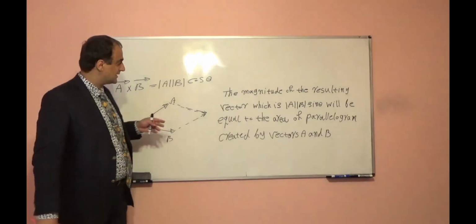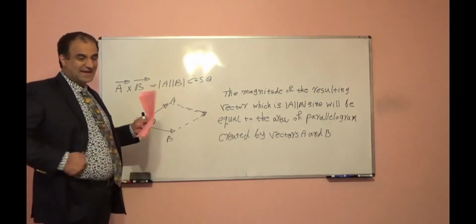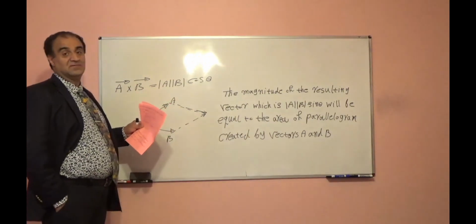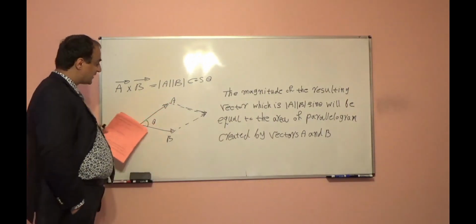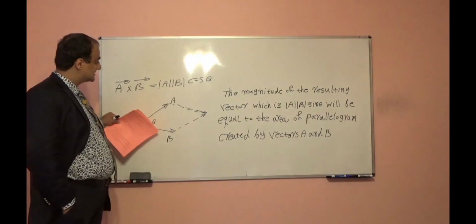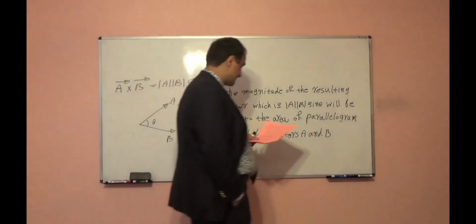If they are not parallel, the magnitude of the resulting vector will be equal to the area of the parallelogram built using these two vectors.